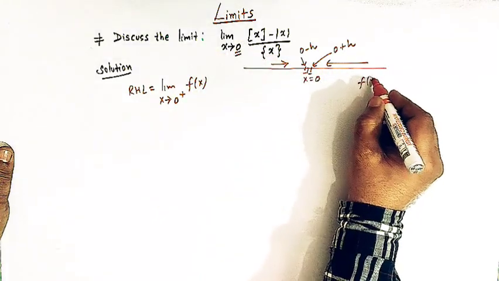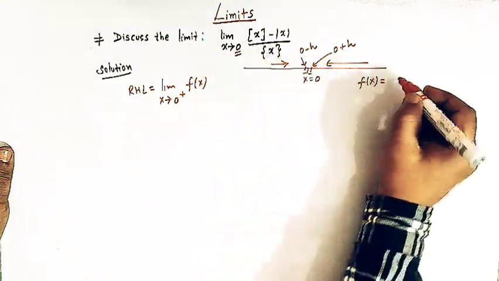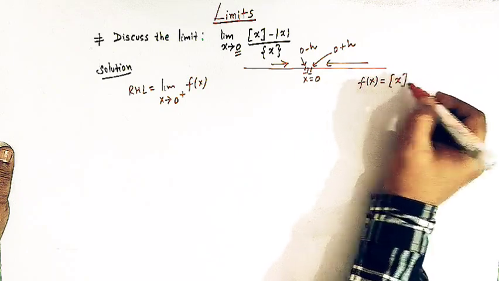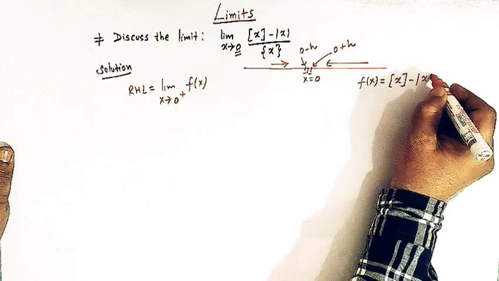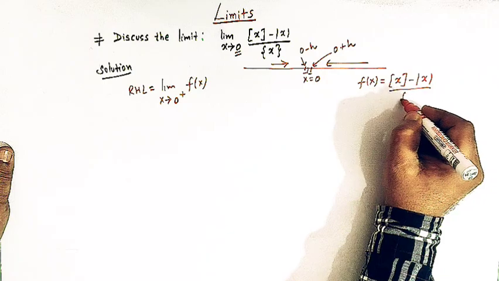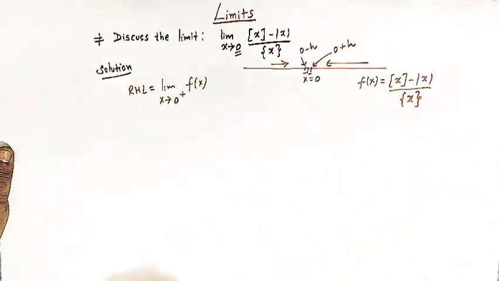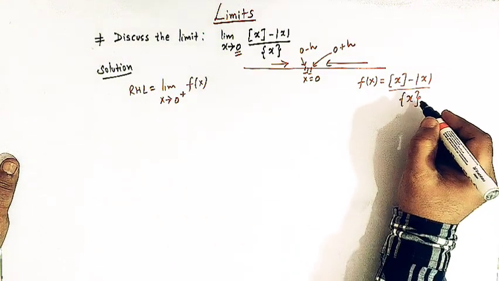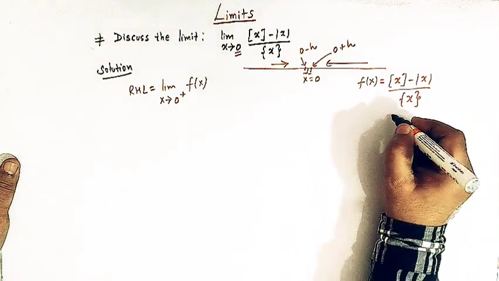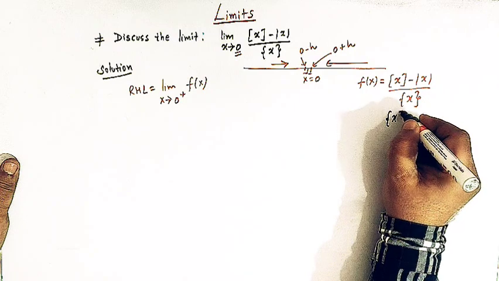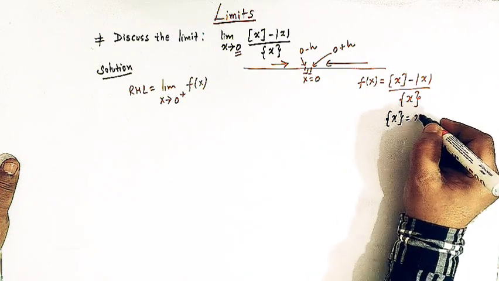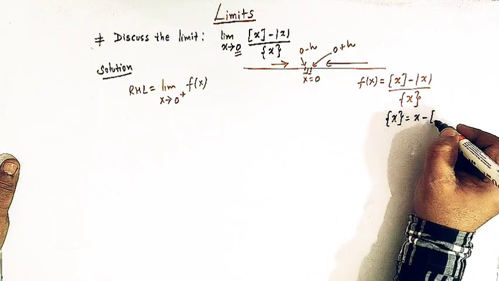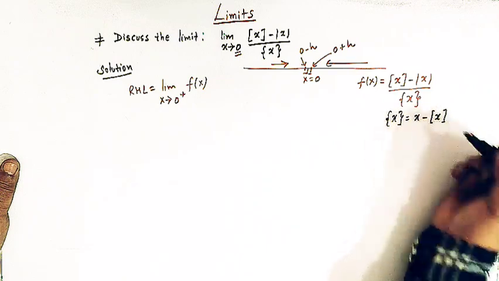where f of x is given by this function, the greatest integer of x minus mod of x divided by the fractional part of x. Here I will make use of the definition of the fractional part function. The fractional part of x is defined as the difference between x and the greatest integer of x.